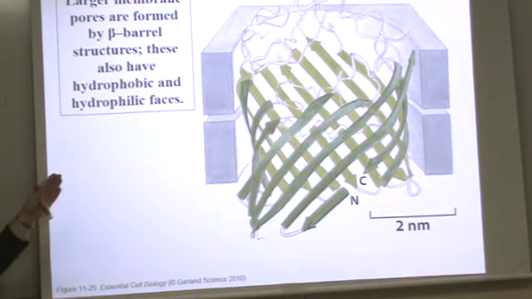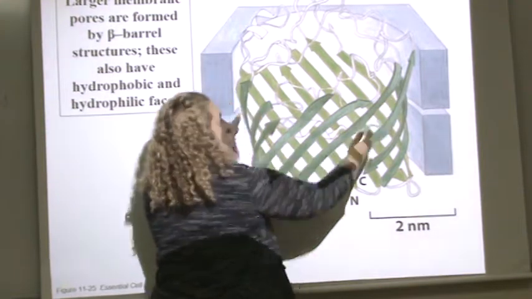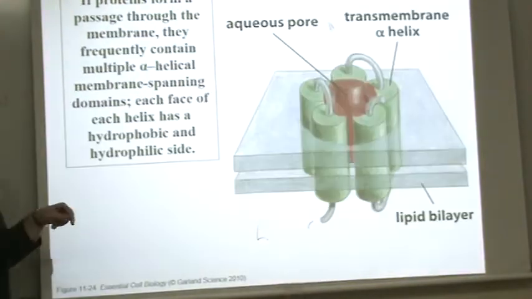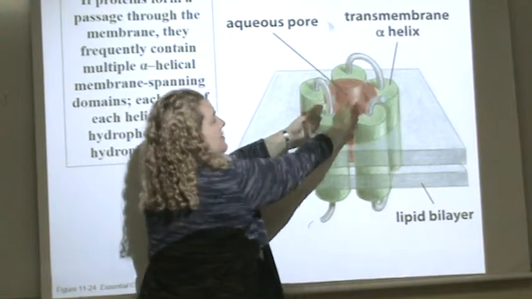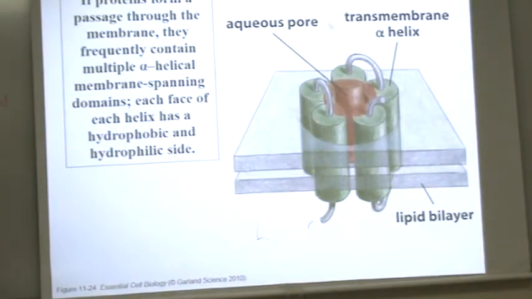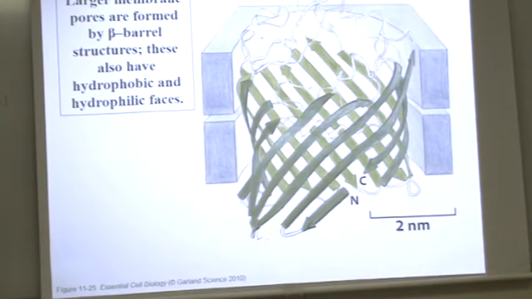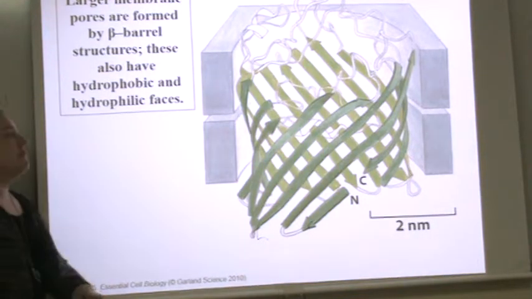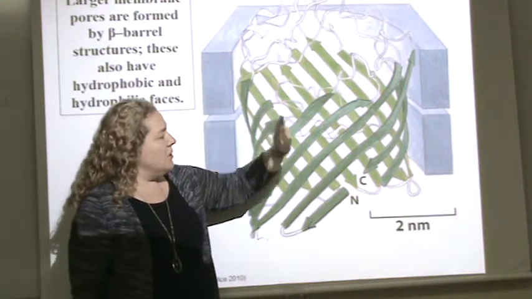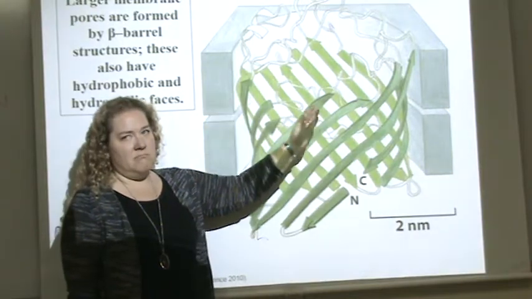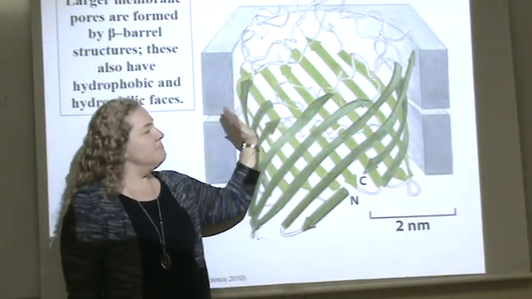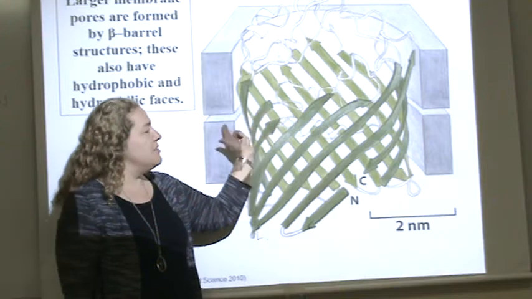So the diameter of this passageway is significantly bigger than the diameter of this passageway. So larger pores tend to be formed by beta barrels, and they're named beta barrel because the whole thing is composed of a cylinder, is the word, a cylinder of beta sheets.